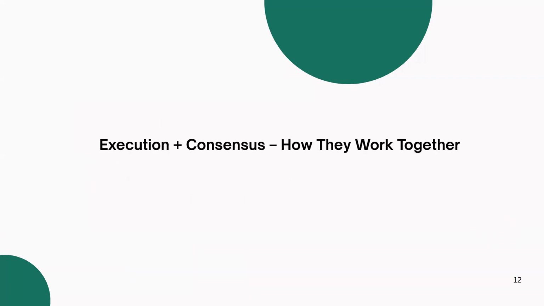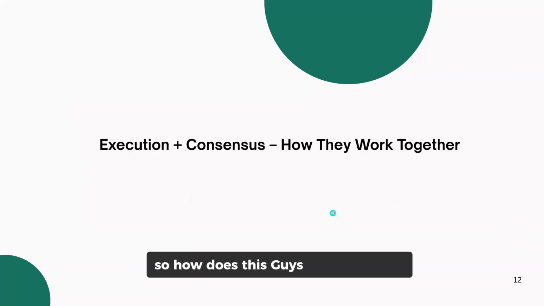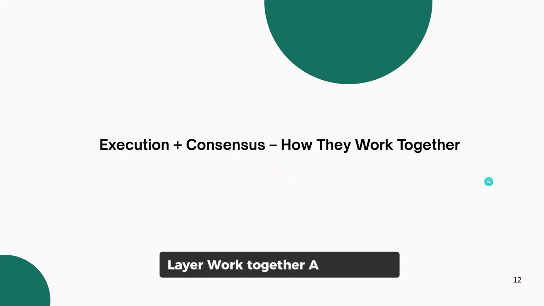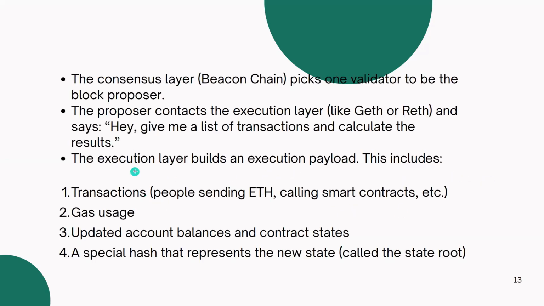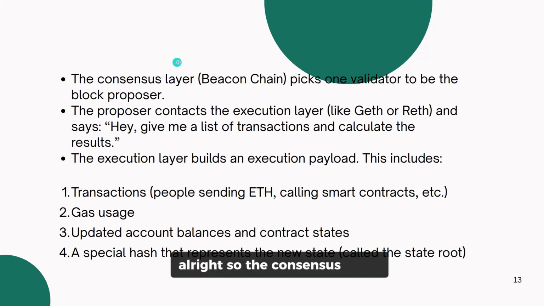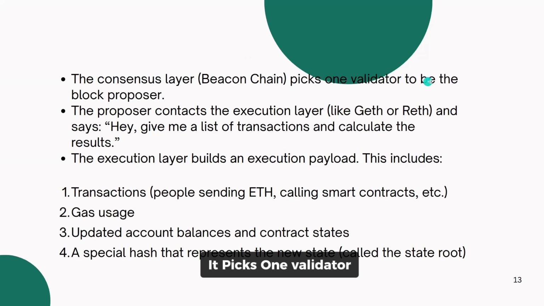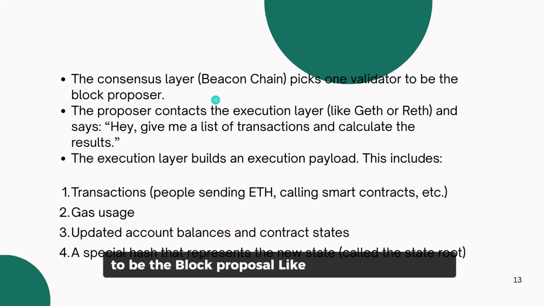All right. So how do these guys work together? Even from this little workshop, we've seen the flow already, but a quick one now. How does the execution layer and the consensus layer work together? So the consensus layer, which happens to be the beacon chain, picks one validator to be the block proposer, like we've said earlier on.